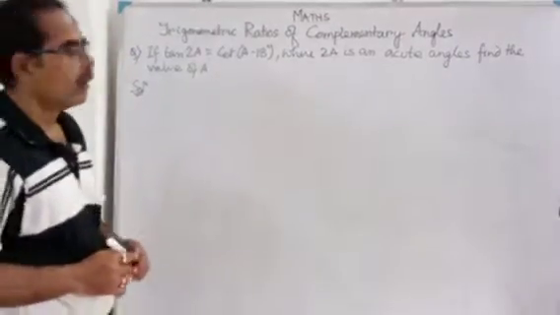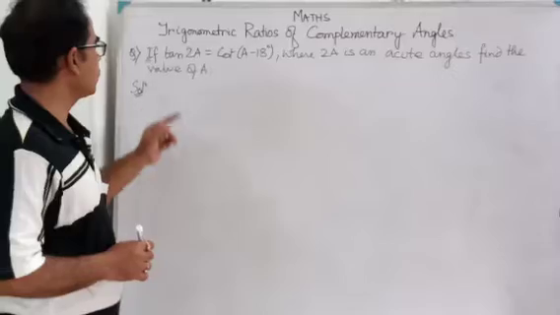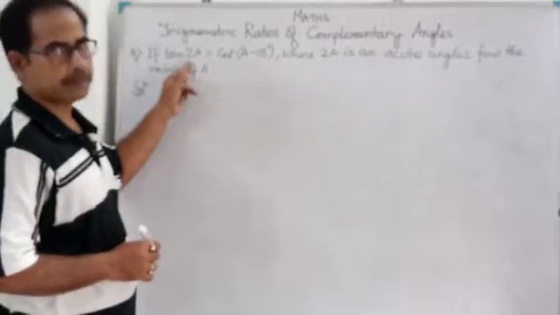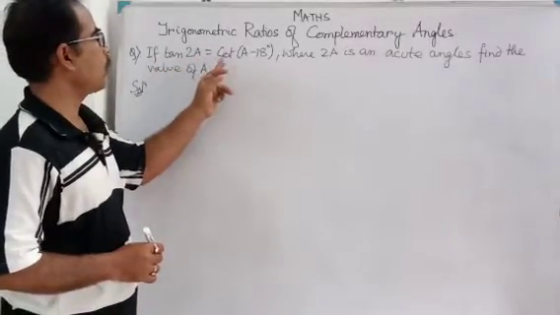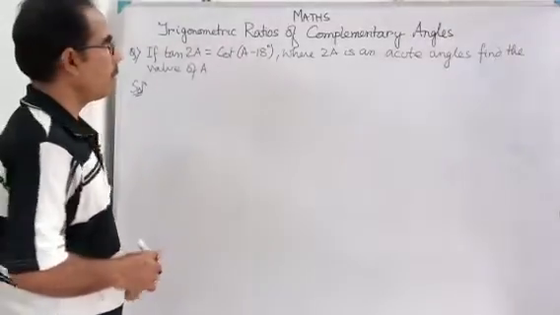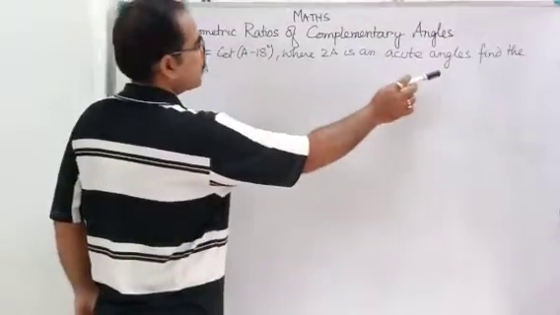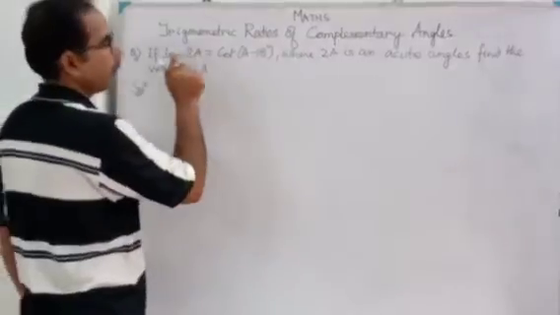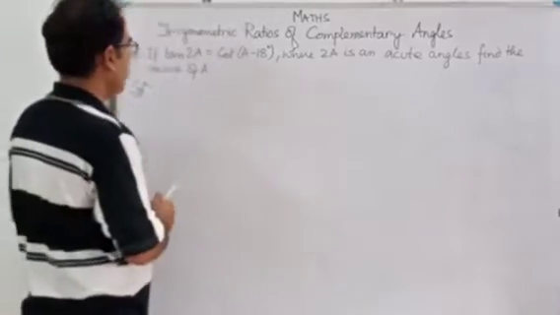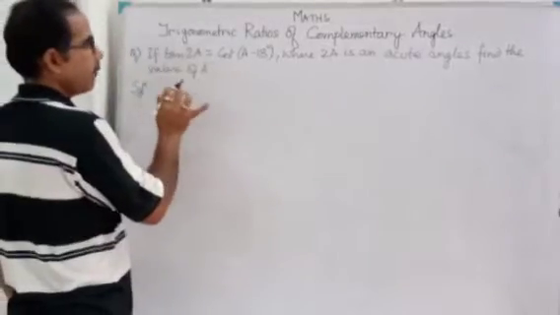Now just taking a different question. Look at here. If tan 2a equal to cot a minus 18 degree, where 2a is an acute angle, find the value of a. A means one angle, correct? Any angle. So what we are having here?